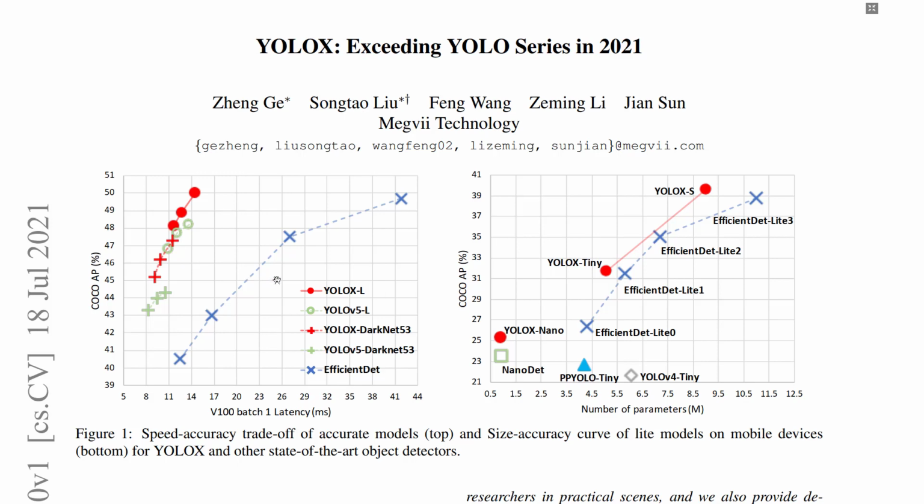We have the YoloX L right here, YOLO version 5L, YoloX Darknet, YOLO version 5 Darknet, EfficientNet. So we see clearly that the YoloX performs better and faster than its YOLO version 5 counterparts. And this is the same for the smaller models.